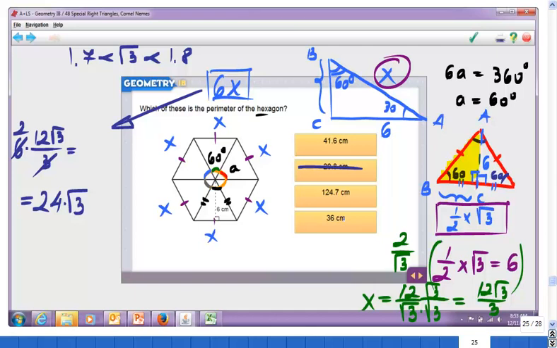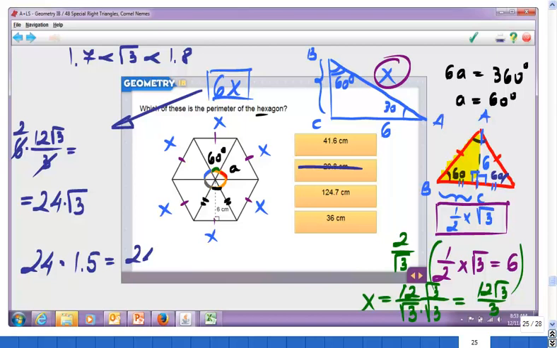If you think about 36, 36 is 24 times what? 24 times 1.5. Do you guys agree with that? So 24 times 1.5 is 36.